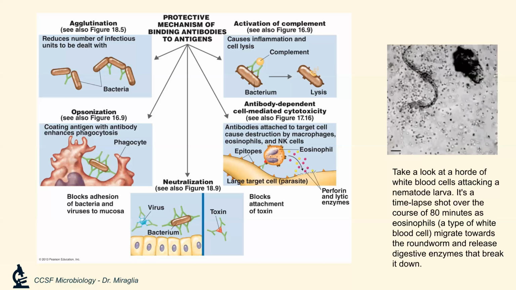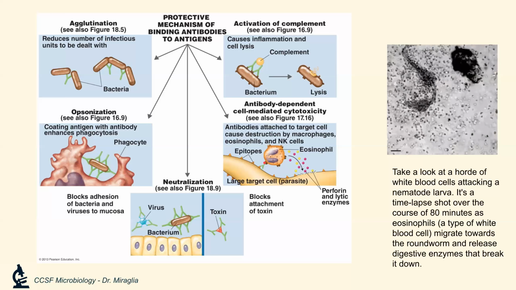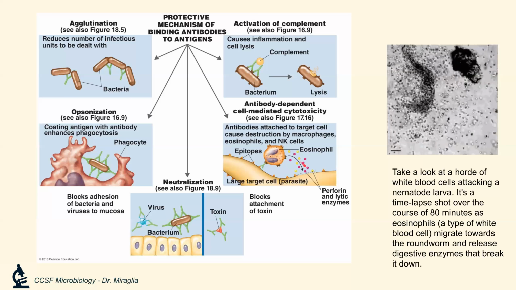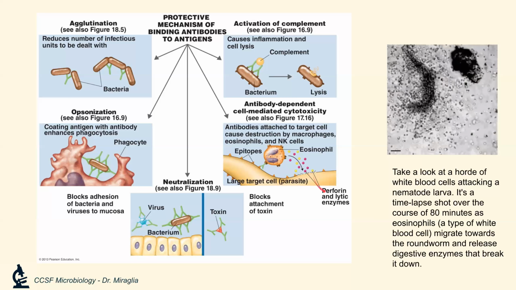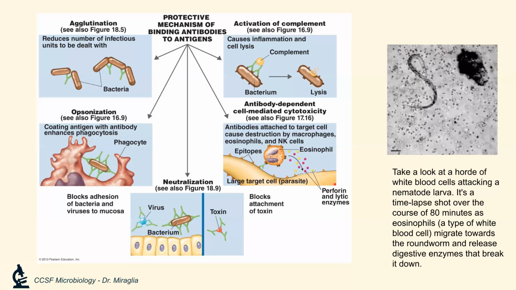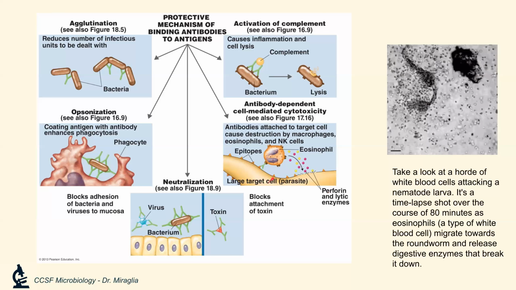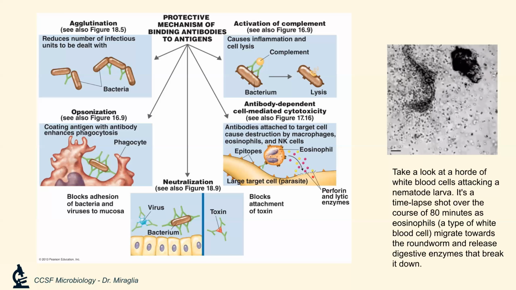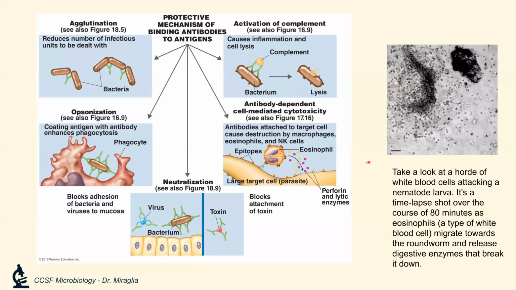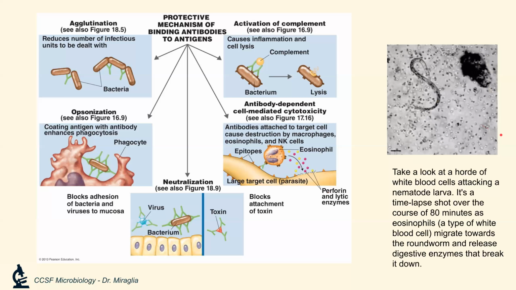Remember, we talked about the constant region. The eosinophil can bind to the constant region, and it will secrete lytic enzymes, molecules like perforin, to start destroying this particular pathogen. So again, we can't phagocytize this big pathogen, but we can certainly exert some chemical warfare on it. And then this picture here is just showing what that looks like.